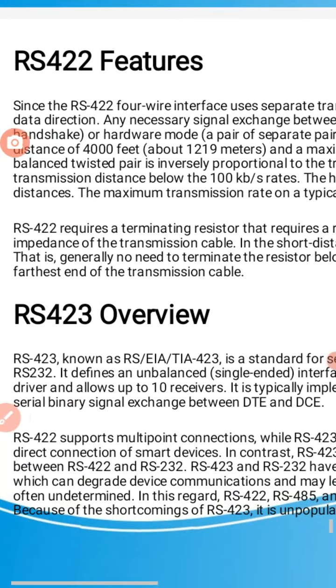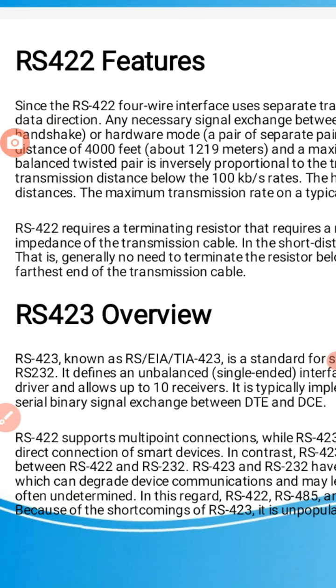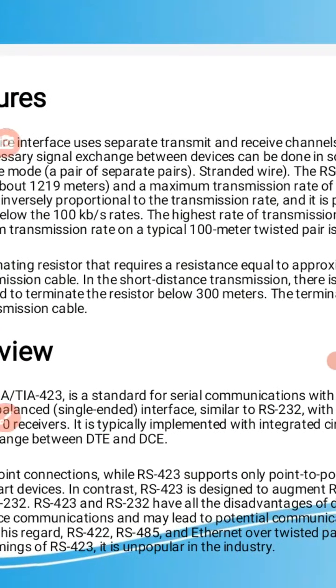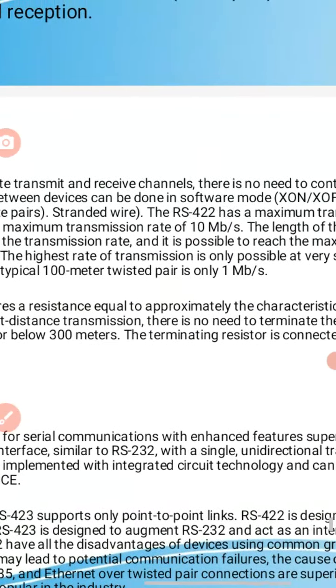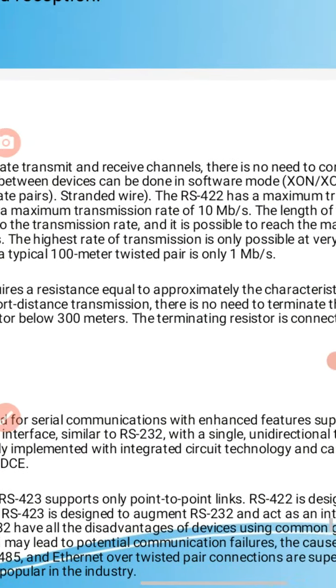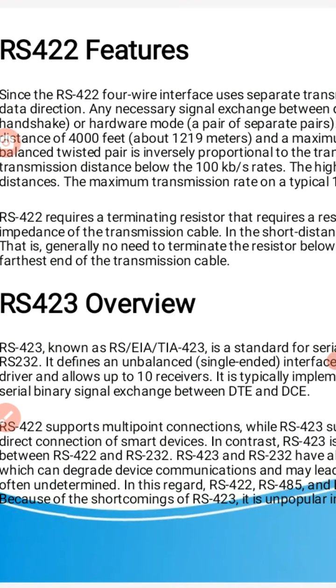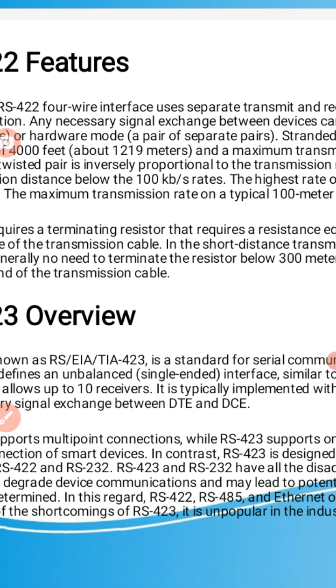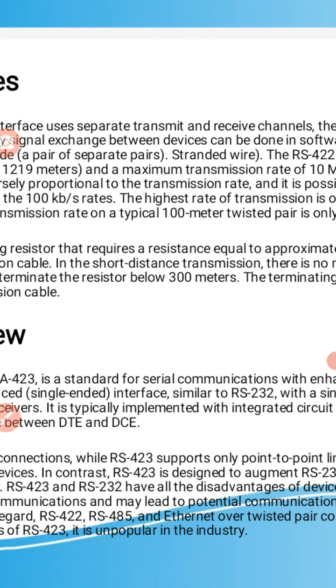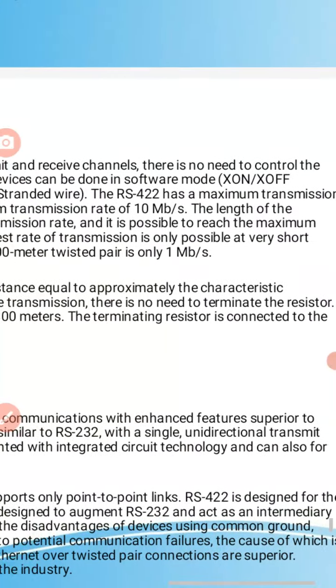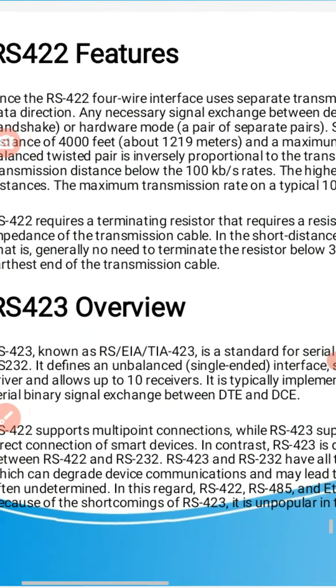RS422 requires a terminating resistor with a resistance approximately equal to the characteristic impedance of the transmission cable, so that there is no impedance mismatch. In short distance transmission, there is no need for the terminating resistor.